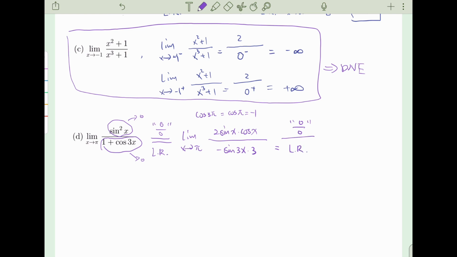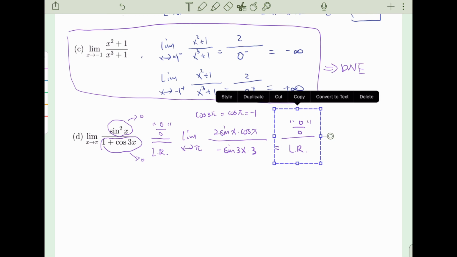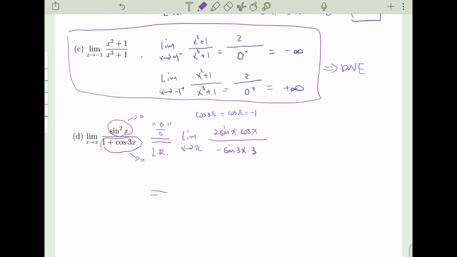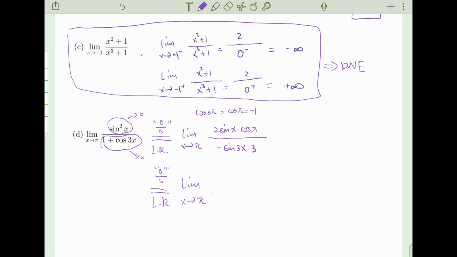Right, so it's equal to 0 over 0 type L'Hopital, right? So it's equal to limit x goes to pi. Now I find the derivative of the top again, as well as the derivative of the bottom. But how do I do it?